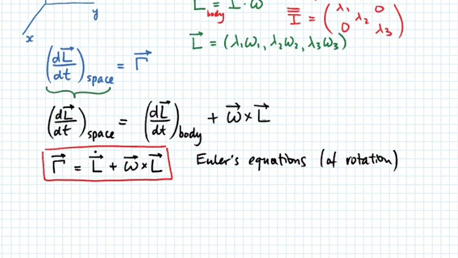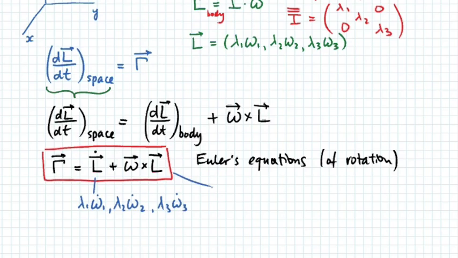Now we know the first term on the right side is going to be simply lambda 1 omega 1 dot, lambda 2 omega 2 dot, and lambda 3 omega 3 dot, as given now always in the body frame.